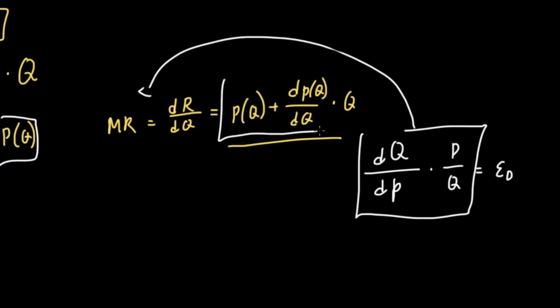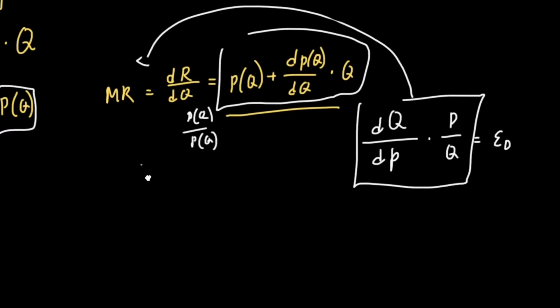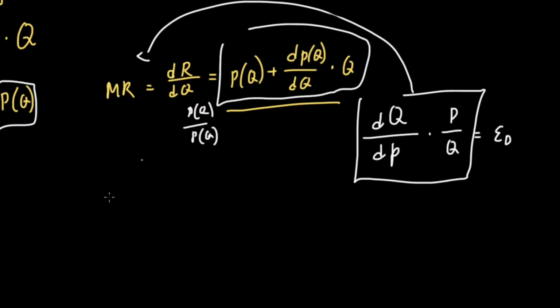So again, let's focus on this equation here, and we will be trying to manipulate it by multiplying it by P of Q over P of Q, essentially multiplying it by 1. If we multiply this whole equation by P of Q over P of Q, we will get P of Q outside, multiplied by 1 plus this whole thing.